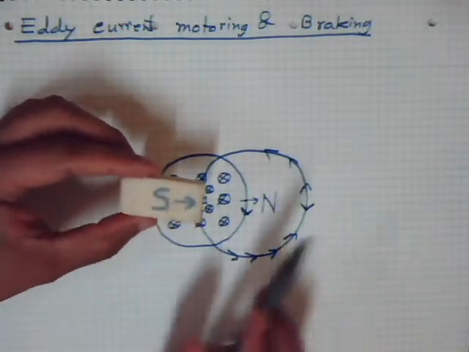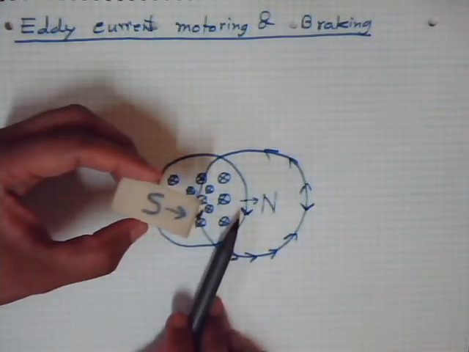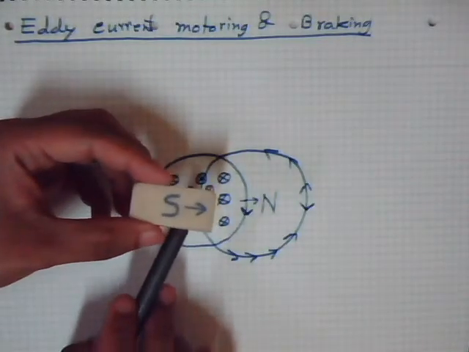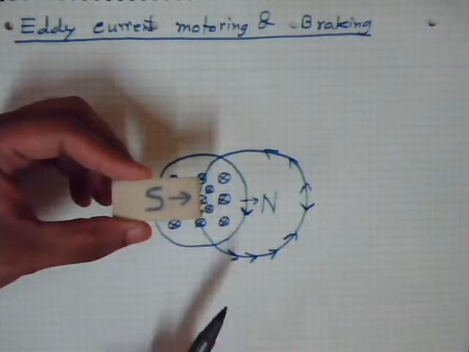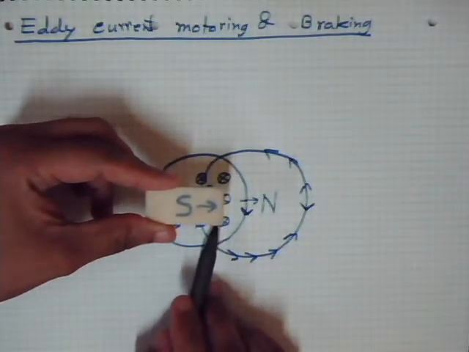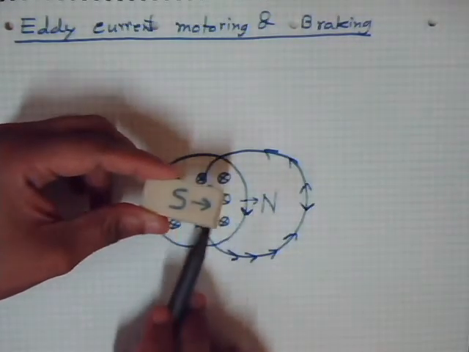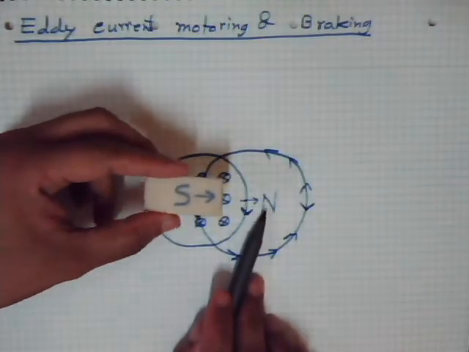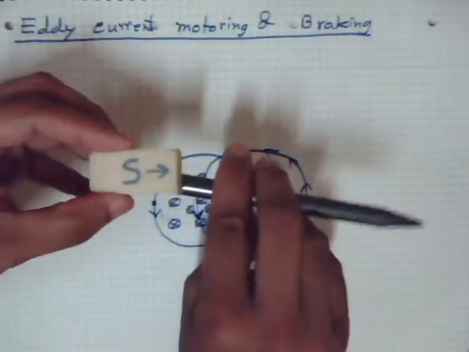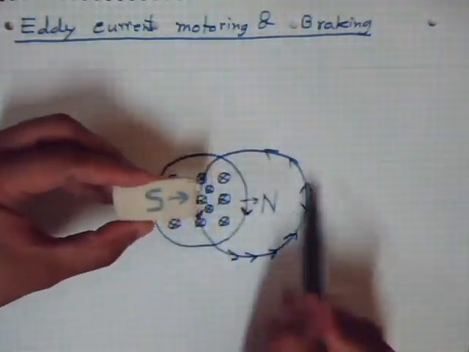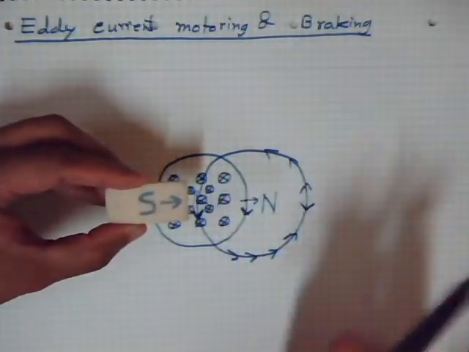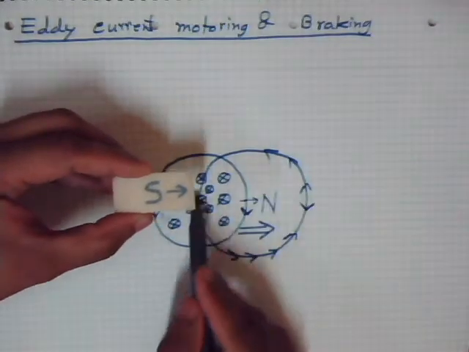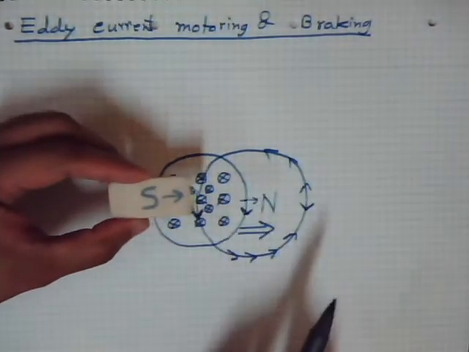So here we have a north pole, and there is a north pole directly under this magnet, and this north pole under the magnet will repel the north pole here. So this magnet will repel this circuit towards the right, and there will be a net force towards the right acting on this circuit.